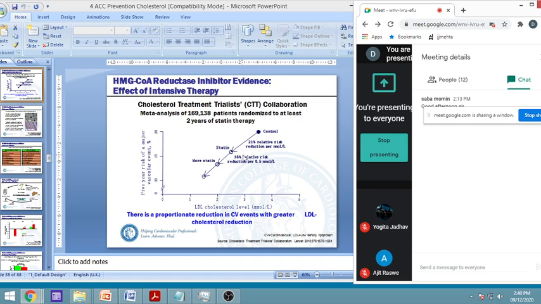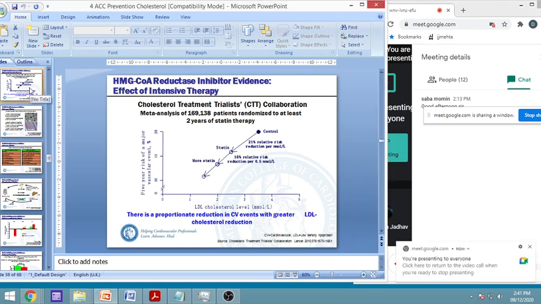Then when we give statin and add more statin, it still goes on increasing. So there is a proportionate reduction in cardiovascular events with the greater LDL cholesterol reduction, and this shows how increasing the dose can be beneficial in the 5 years of the study. This is a very important study which shows benefits in the patients.